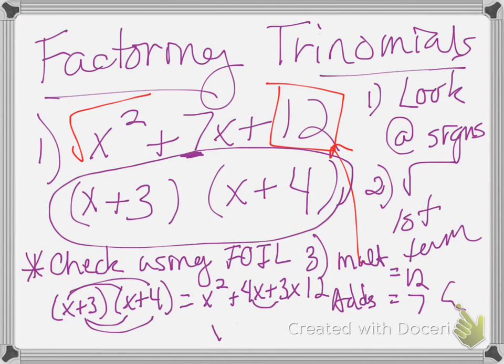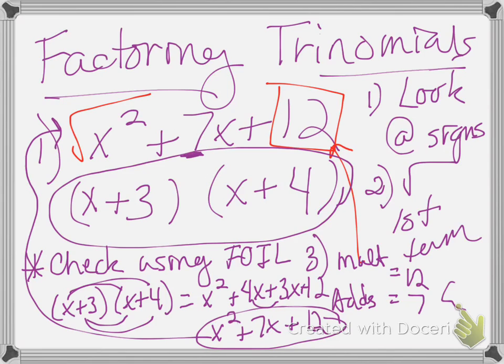Combine your like terms, and you have x squared plus 7x plus 12. And that is the same thing that you had up here. So that tells you that your answer is correct.